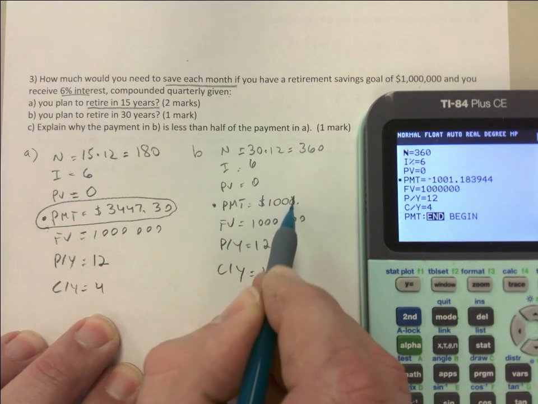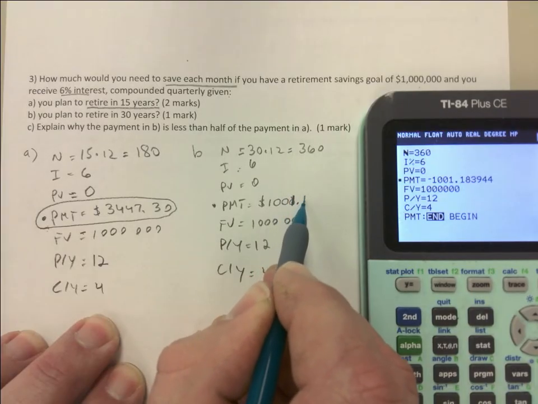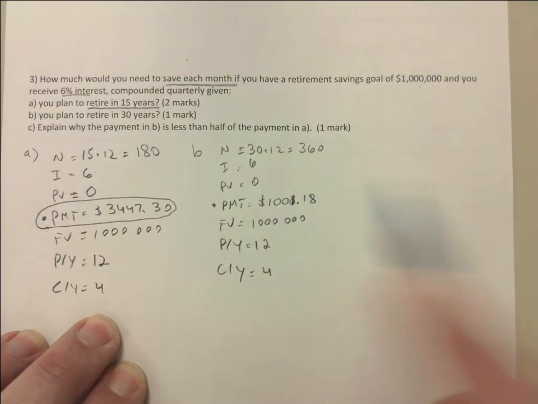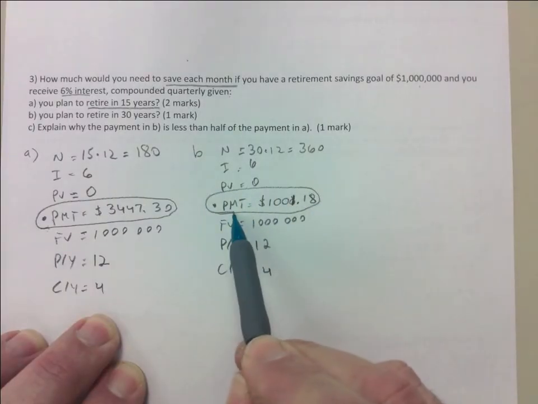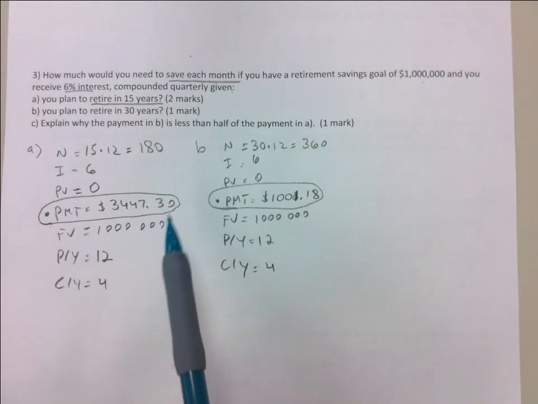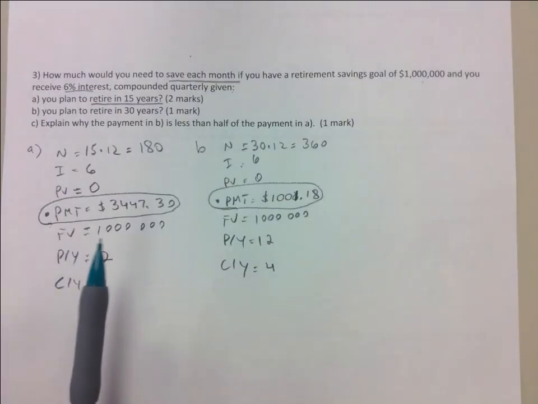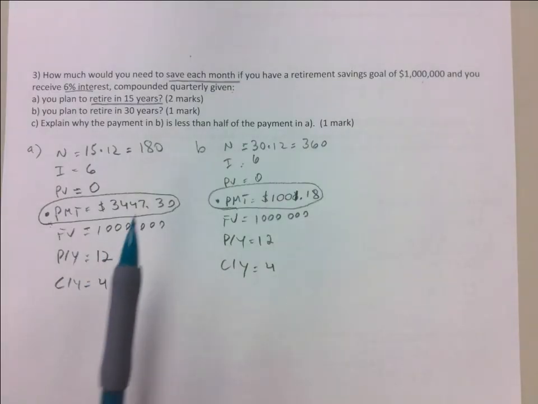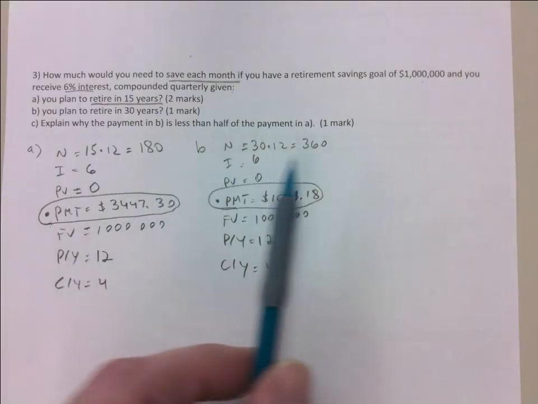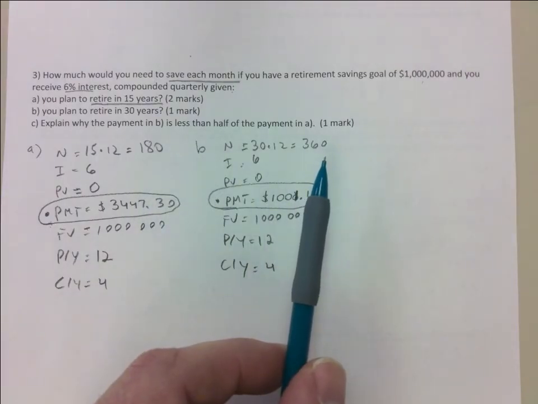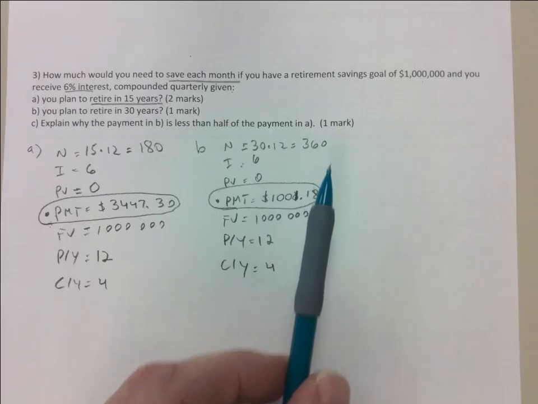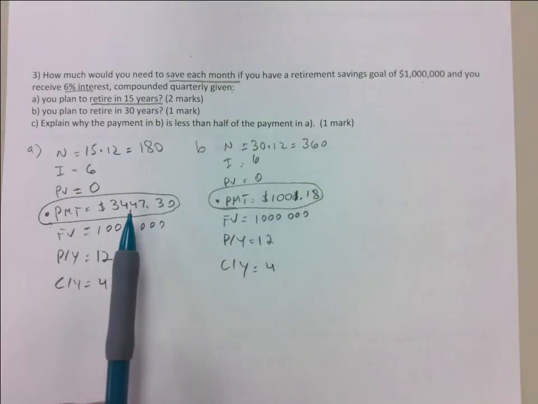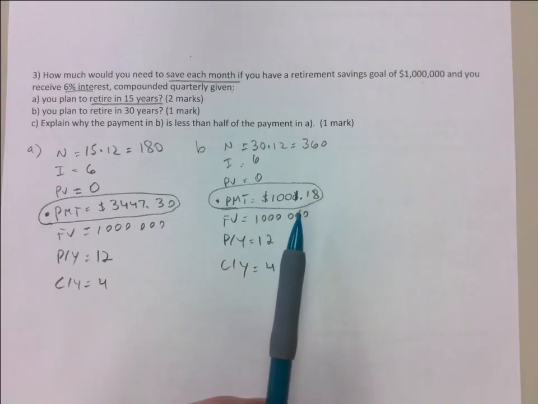Oh, 1,001.18. I want you to really think about this. You're doubling the time, right? You're starting way earlier, like 30 years left. What do you notice about the payment, like how much you have to put in?